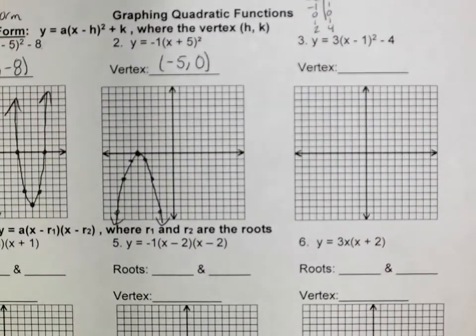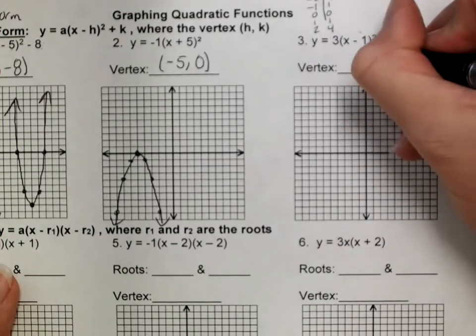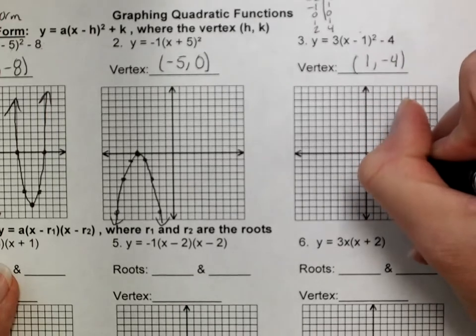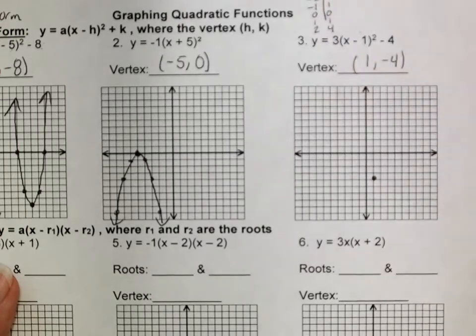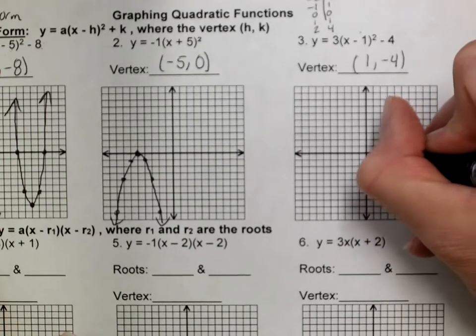Last one, again, same thing. Right 1, down 4, makes my vertex 1, negative 4. So 1, negative 4. From there, it's been stretched by 3. So instead of going over 1 and up 1, I'm going to go over 1 and up 3 on both sides.